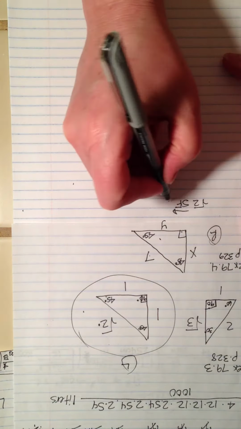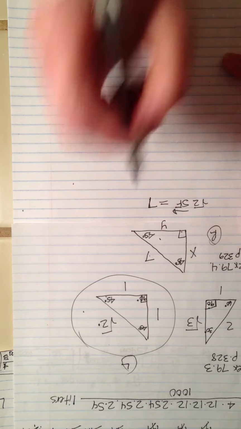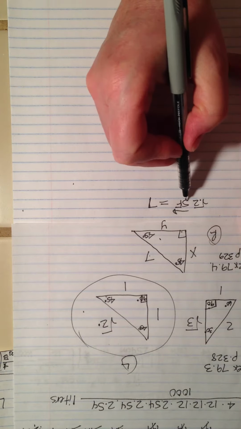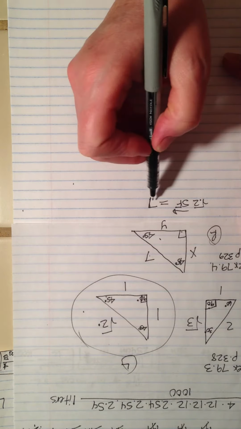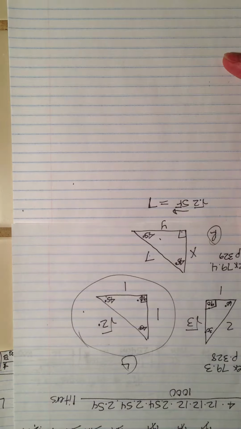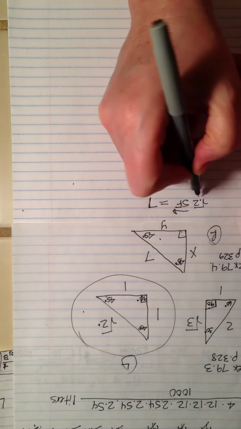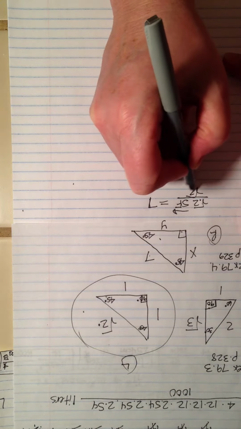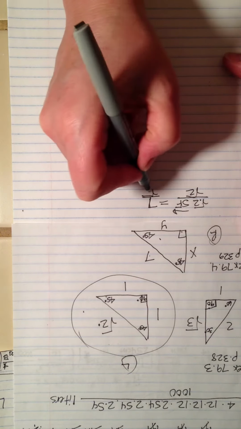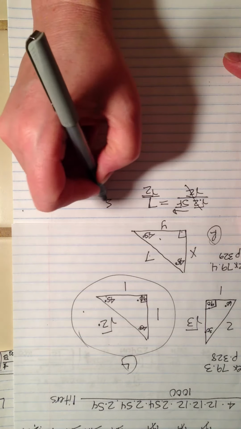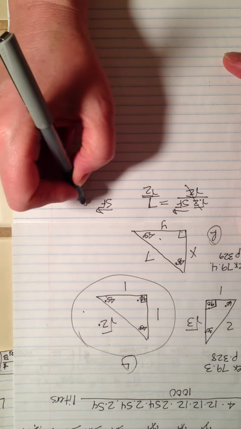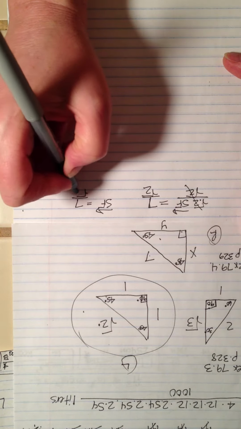So as we go from left to right, the square root of 2 side multiplied by some scale factor will give us 7. So just by doing a simple division, those cancel. Our scale factor is 7 over the square root of 2.